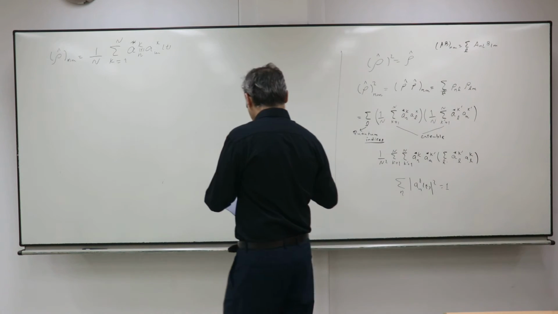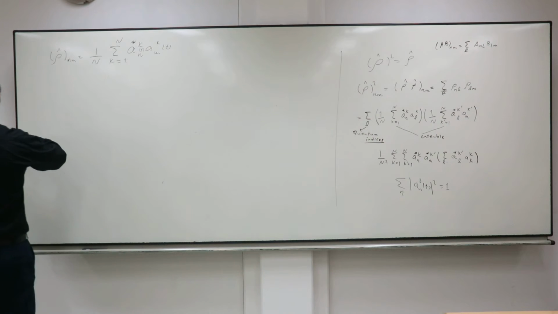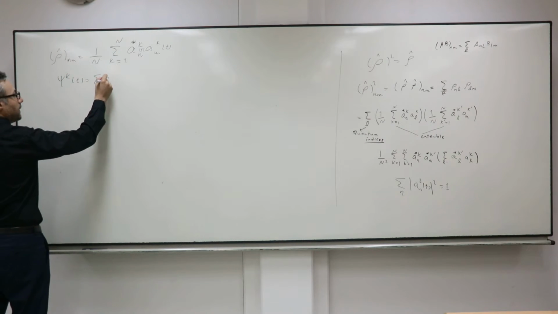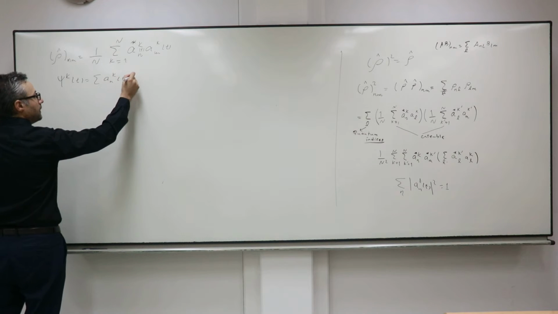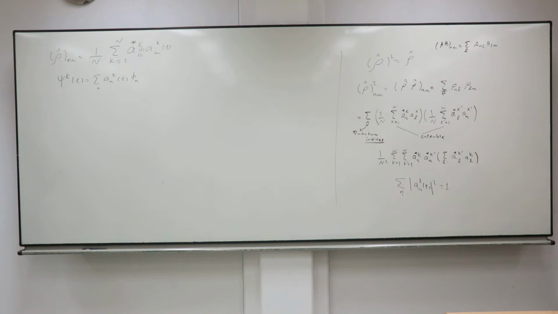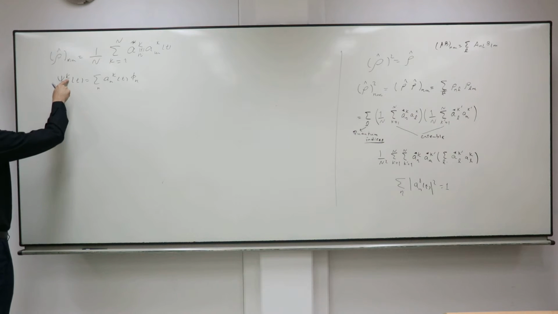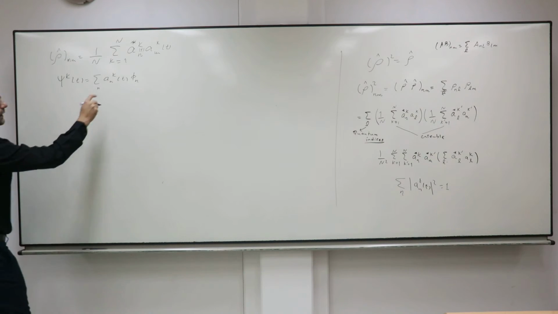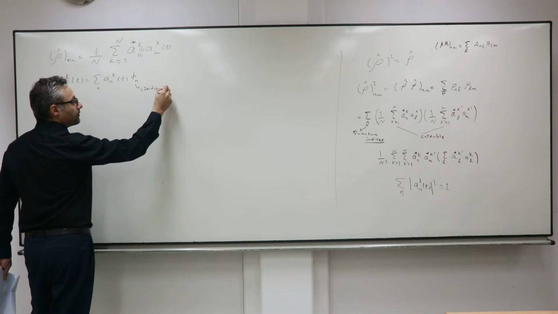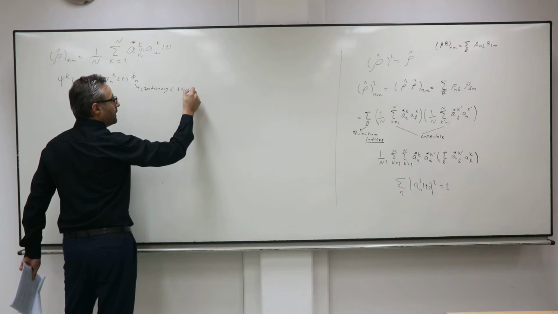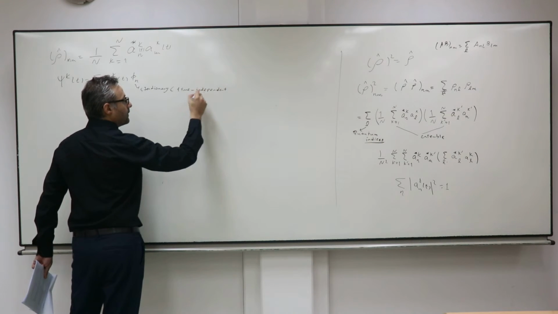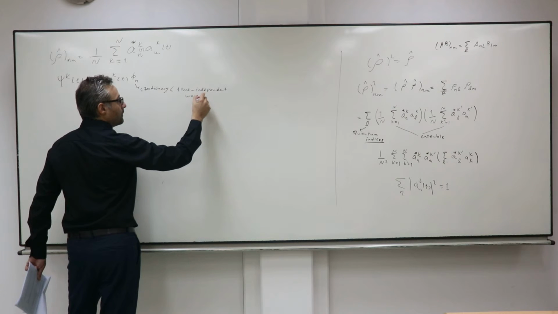You remember the definition: psi_k(t) is the sum over n of A_n^k(t) phi_n. These are the coefficients for the wave function of the element k, and phi_n is the stationary, or time-independent, wave function.